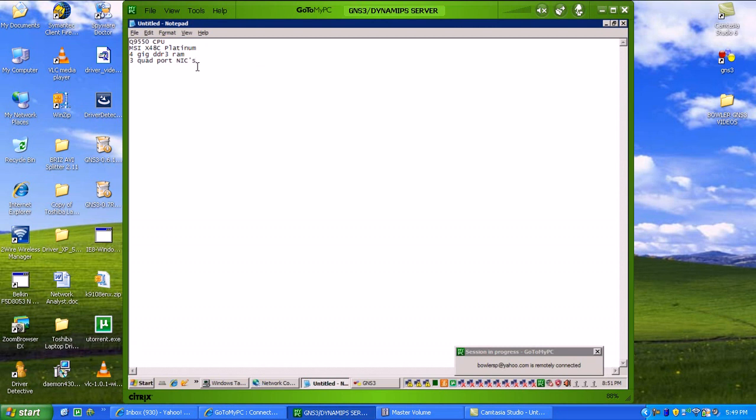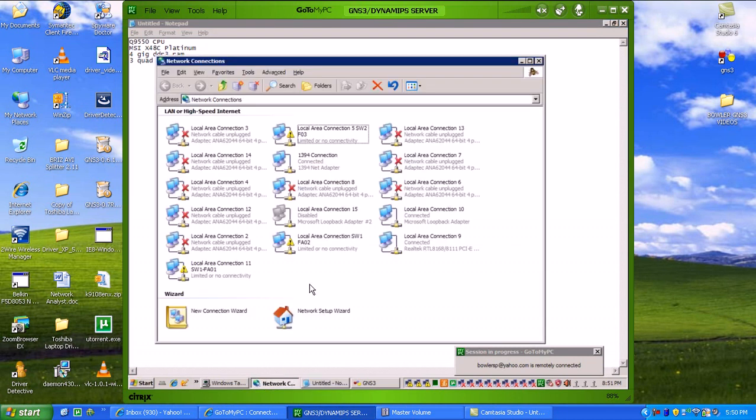And then for the switches, I'm using 3 quad port NICs on my computer. I can give you the exact title of the NICs here. If I look, they're a DabTech ANA 62044.